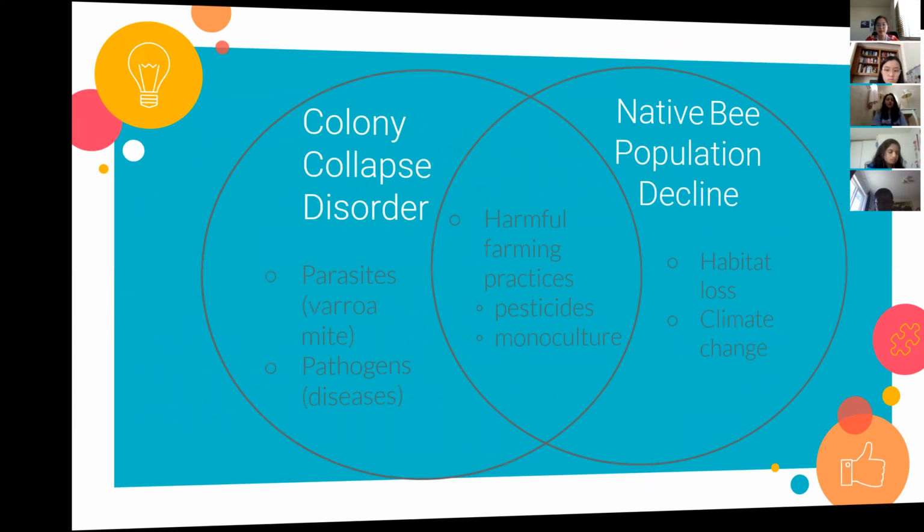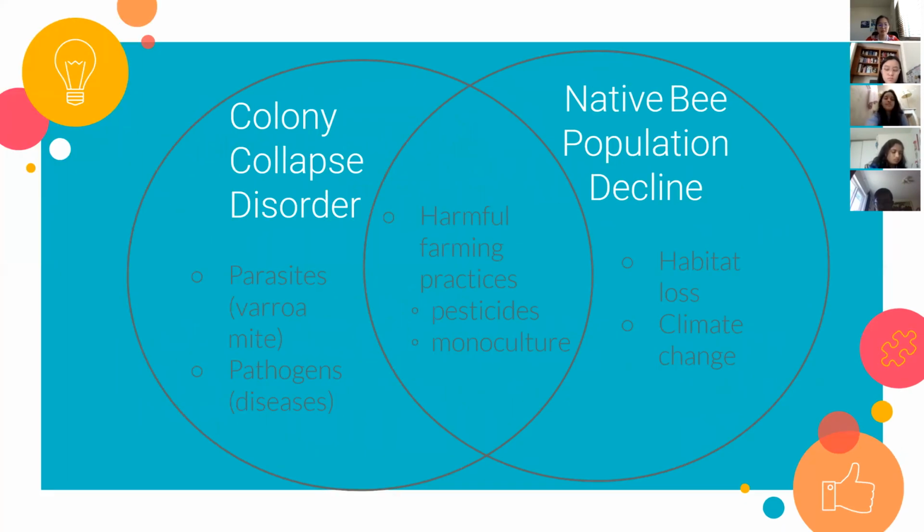So this is a Venn diagram showing how different problems can mainly affect either honeybees or native bees, but also which problems kind of affect both. So on the left side here, the left circle, that's the causes of colony collapse disorder, which is mainly about the disappearance of honeybees. So that means parasites like varroa mites and pathogens, which basically means diseases, mainly affect honeybees.